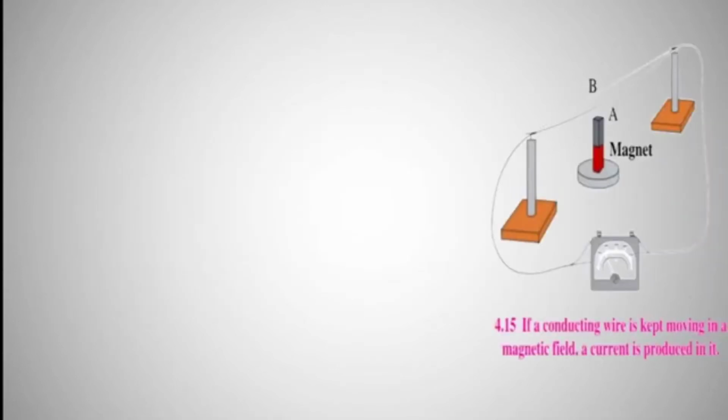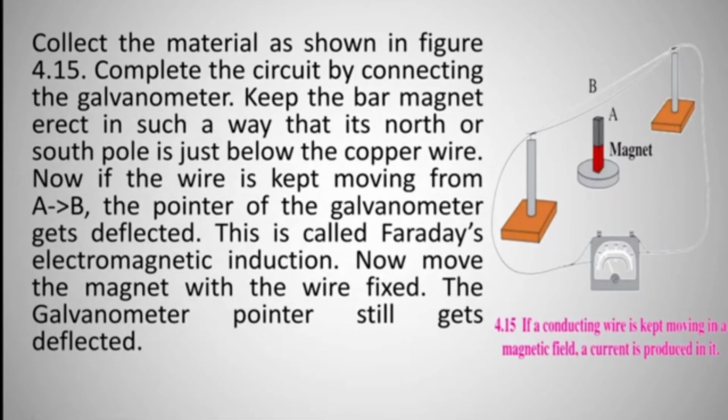Figure 4.15 shows us an activity which helps us to understand the working of a galvanometer. Collect the material as shown in the figure. Complete the circuit by connecting the galvanometer.